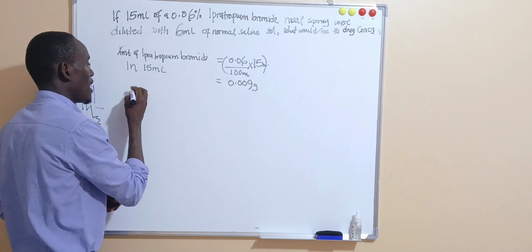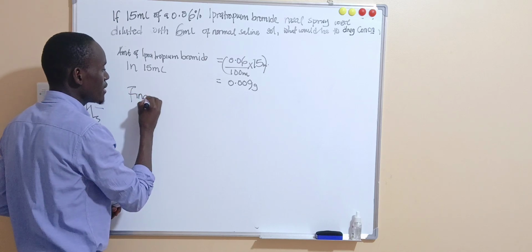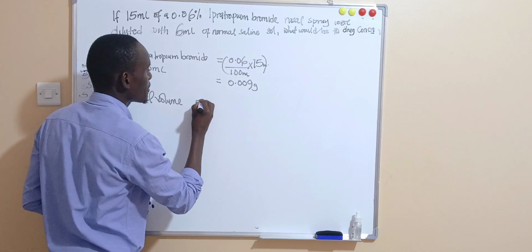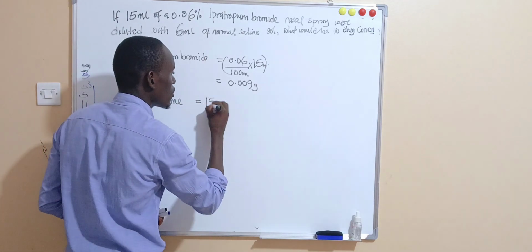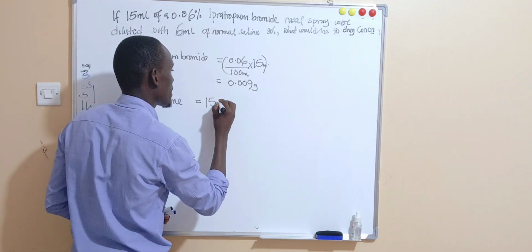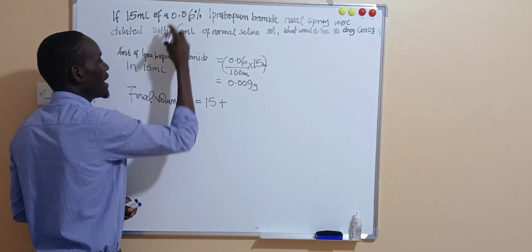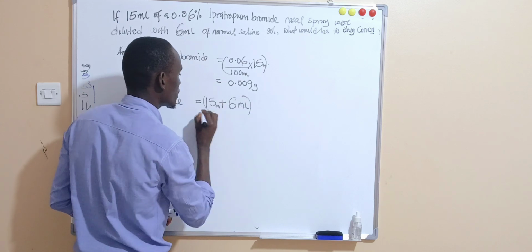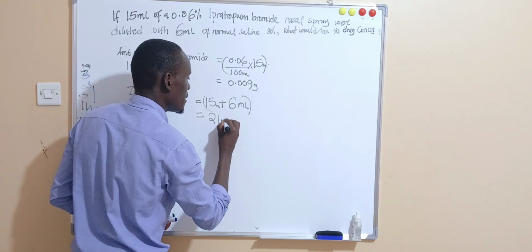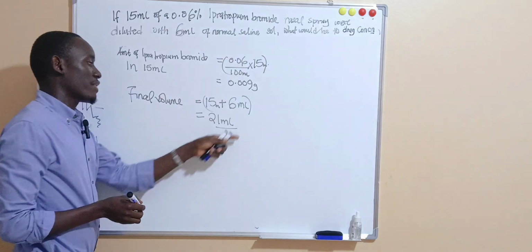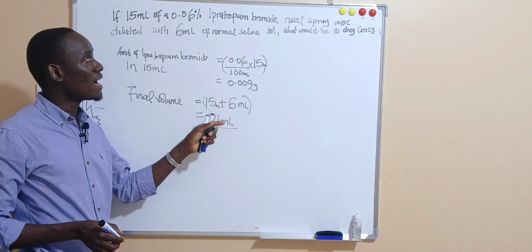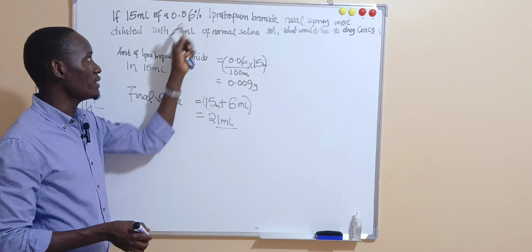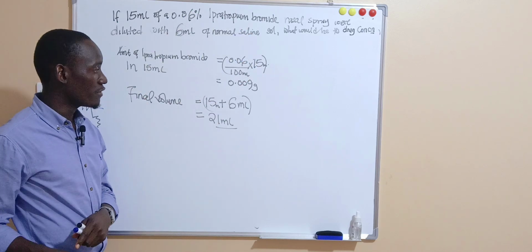So our final volume will be, now, the 15 ml of our initial solution plus the 6 ml. This will give us 21 ml. So this is our final volume after diluting our ipratropium bromide nasal spray with 6 ml of the solvent.